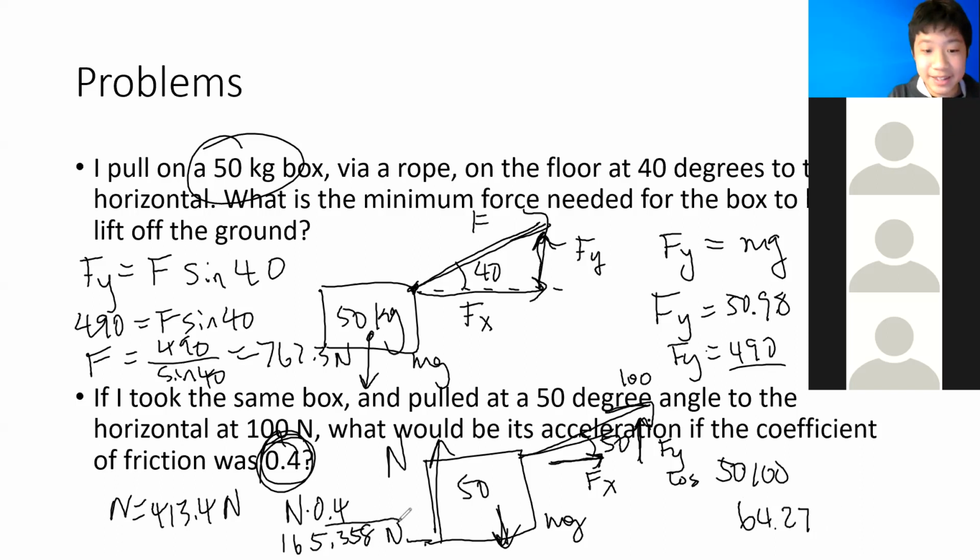Obviously that's not enough to overcome my static friction force. So this box is not going to go anywhere. It's not going to have any acceleration, so the answer is actually 0.